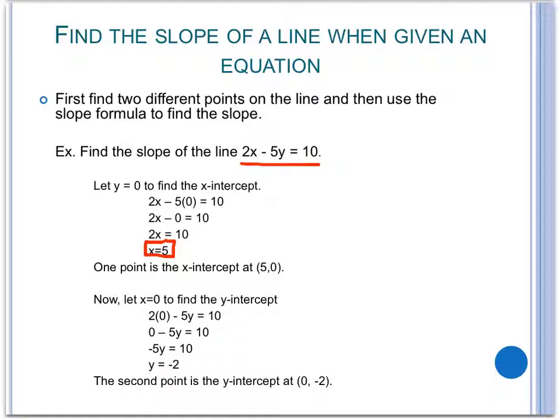1 point on this line is the x-intercept at (5, 0). Now, let x equal 0 to find the y-intercept. After plugging in x equals 0 into the equation, we find that y equals -2. And the second point is the y-intercept at (0, -2).